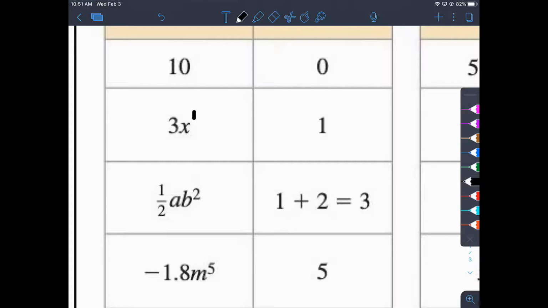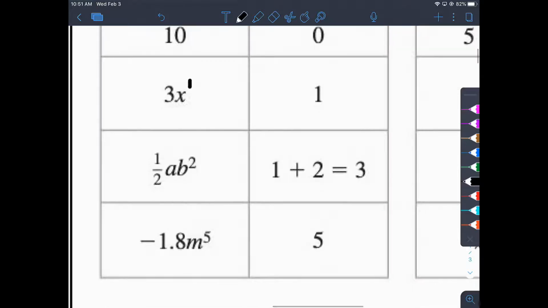What about the one below it? Well, here's a good example of a product where there's 3 terms. There's a number, a constant part, and then 2 separate variables. Well, as was just discussed above, the a, what is its power?